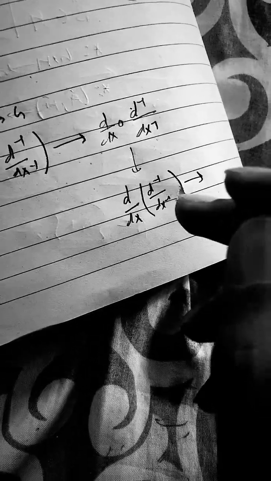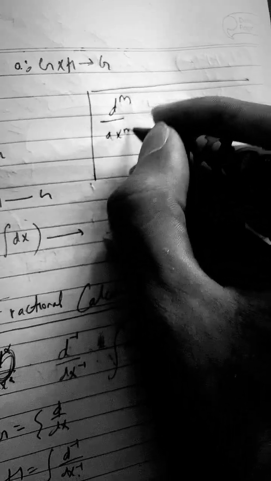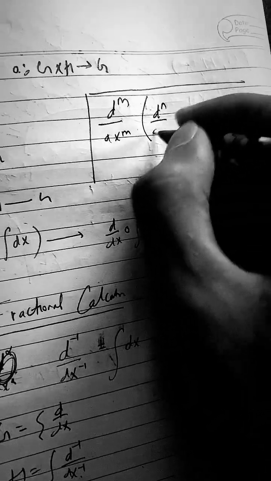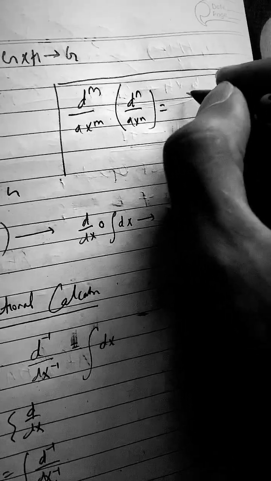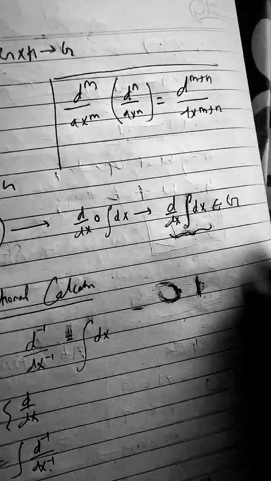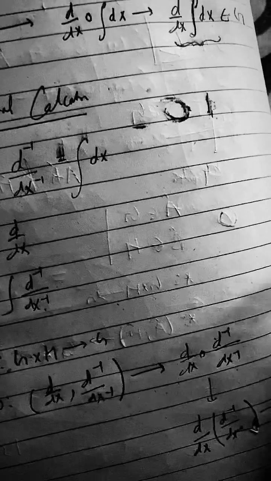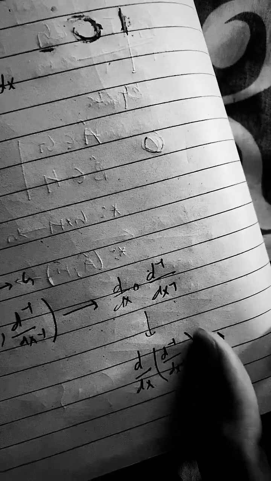Well, we know from the algebra of calculus that d power m by dx^m and d power n by dx^n is exactly equal to d power m plus n by dx^(m plus n). And we can use this property here. So let me take this value and put it here.